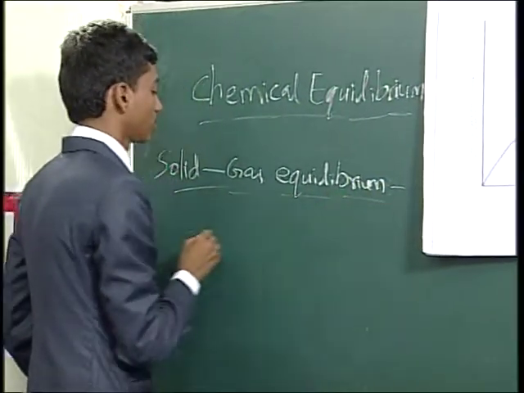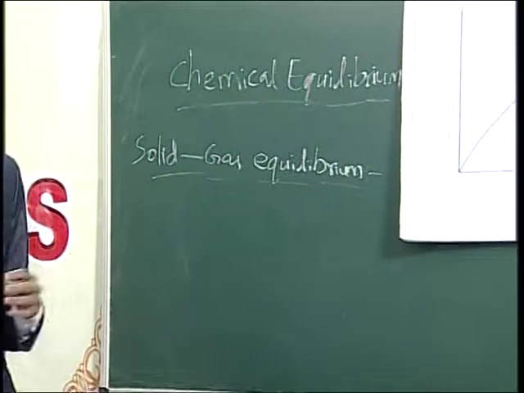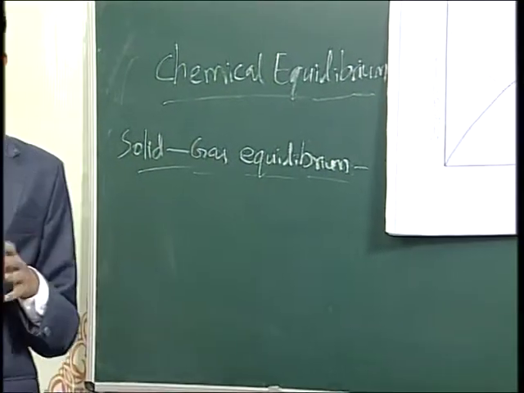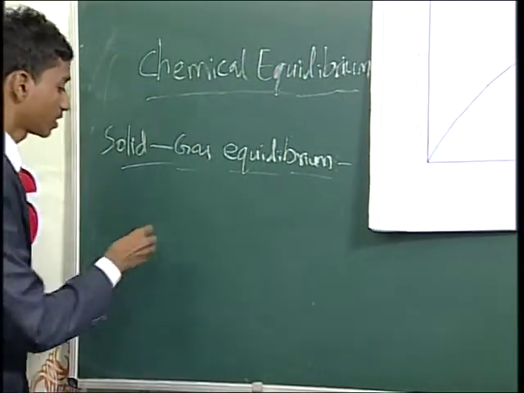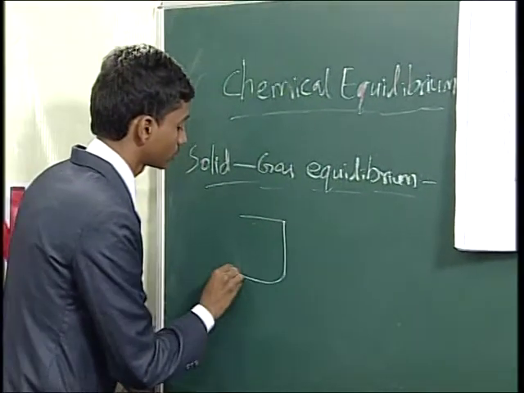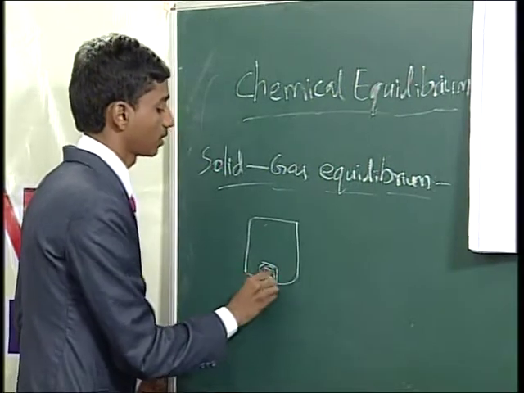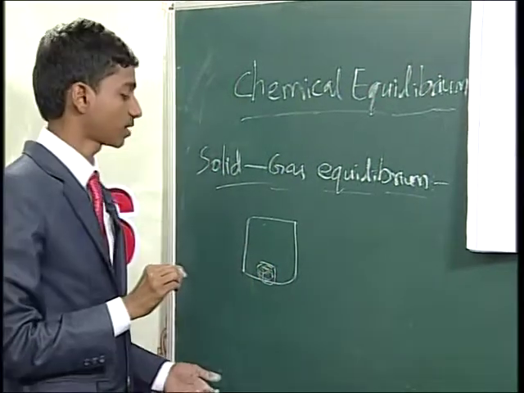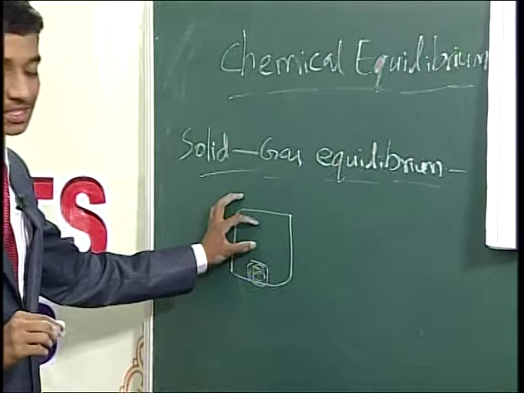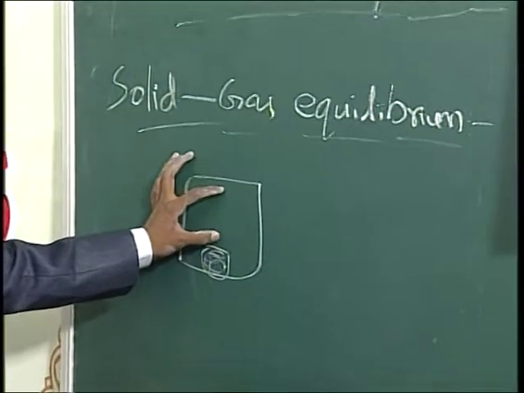The process in which solids turn directly into gas is known as the sublimation process. Let us place some solid iodine pieces in a closed vessel. After some time, what will happen? We will observe an intense violet color in the vessel.